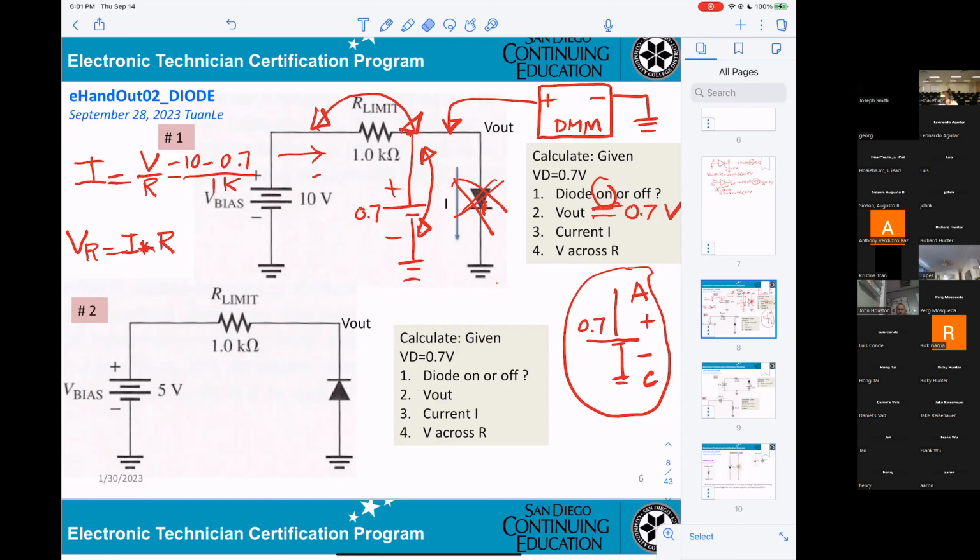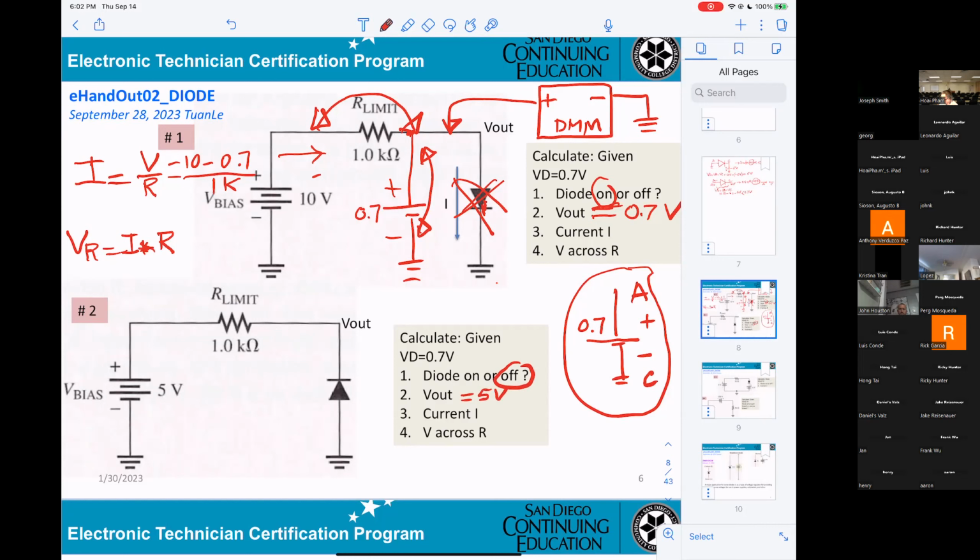Tell me number 2, VR equals 5 volts. Correct. The diode is off, that means open, no current flow.